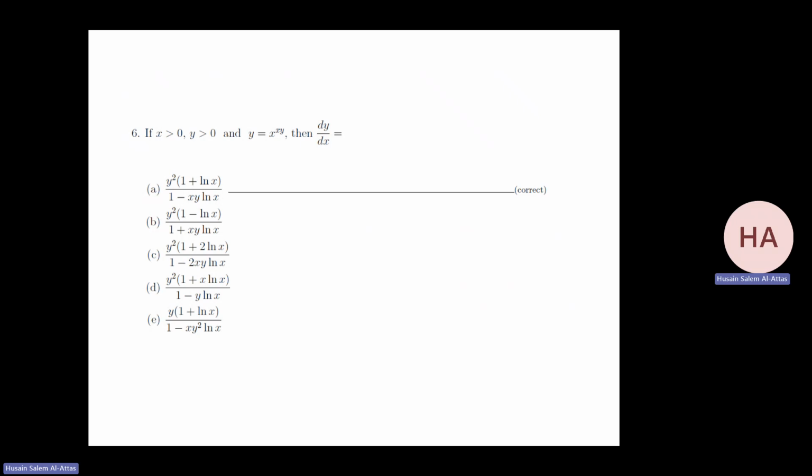Y equal x to the power xy. A little bit complicated. Let us take ln. I have ln y equal xy ln x. Aha. Now I need the implicit differentiation. Ln x to the power xy, so I have xy ln x. Differentiate: y prime over y.